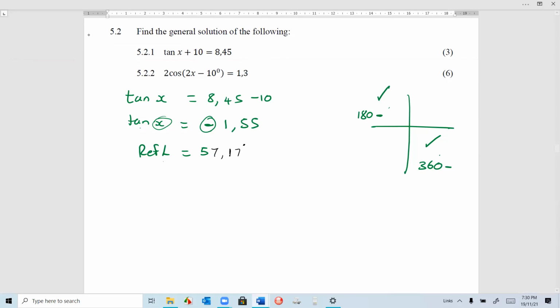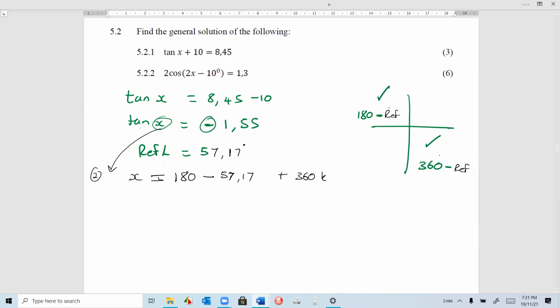Now remember what we said about a negative. It's going to lie in quadrant 2 and 4. So if we think about quadrant 2, the angle is x. So x will be equal to, in quadrant 2, 180 minus the reference angle. Theta is now represented by the reference, so I'm going to write here reference. So 180 minus 57.17 plus 360k.